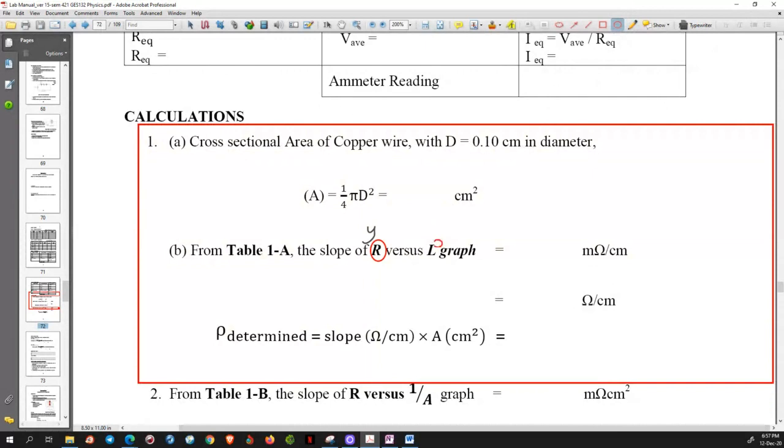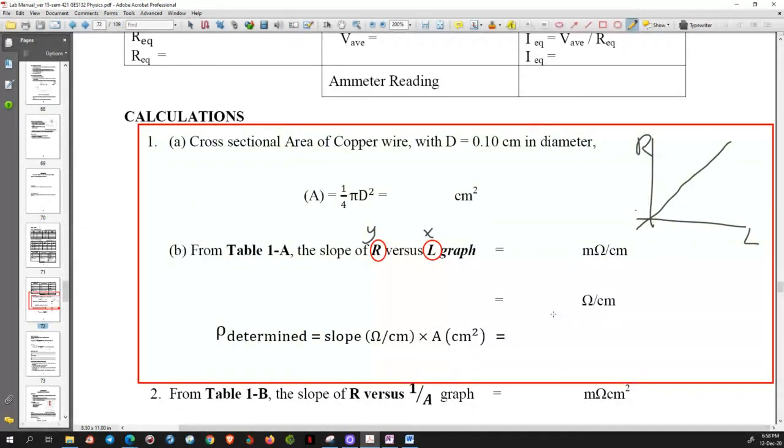The second value, L, is always the x-axis. Always, in any experiment. So when you make a graph, R on the y-axis versus L on the x-axis, this graph should go straight to 0.